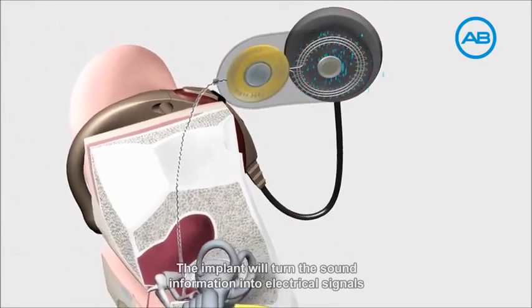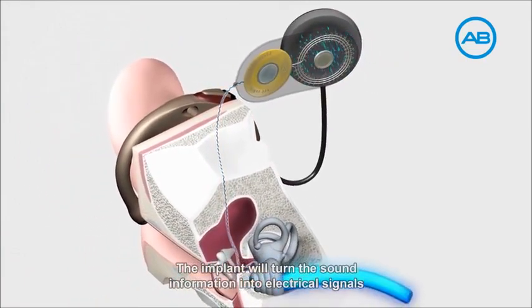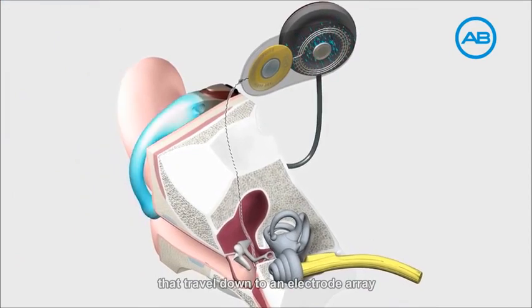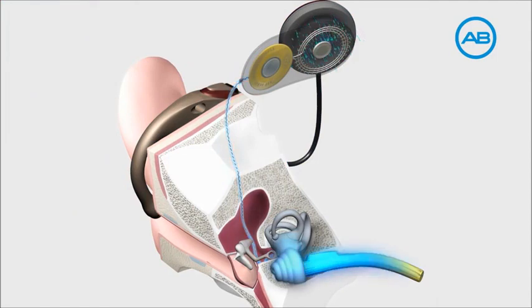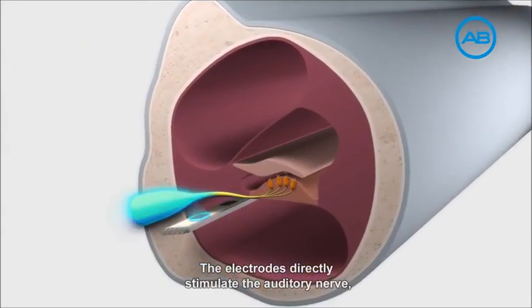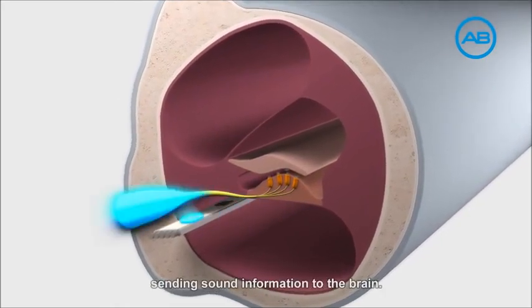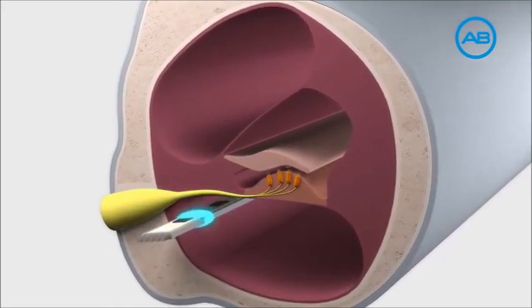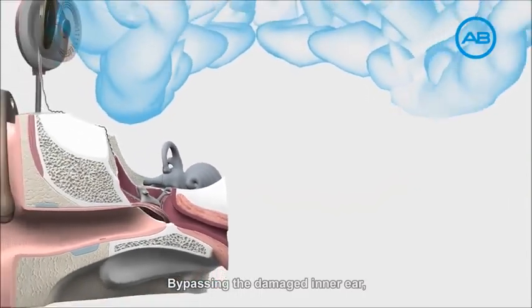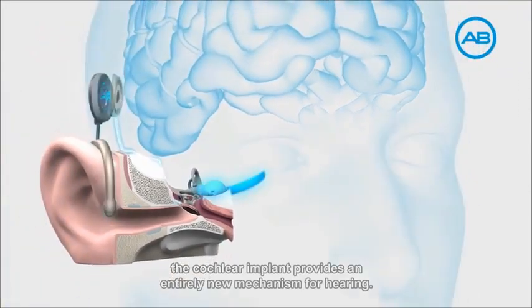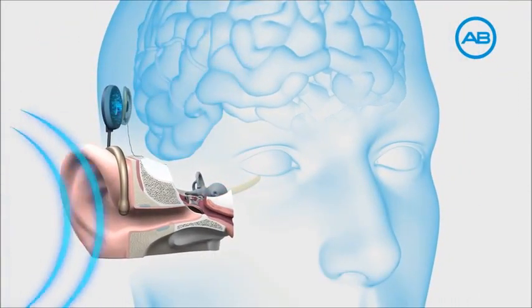The implant will turn the sound information into electrical signals that travel down to an electrode array inserted into the tiny inner ear or cochlea. The electrodes directly stimulate the auditory nerve, sending sound information to the brain. Bypassing the damaged inner ear, the cochlear implant provides an entirely new mechanism for hearing.